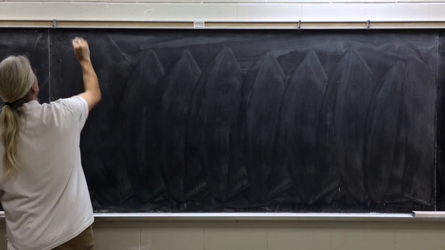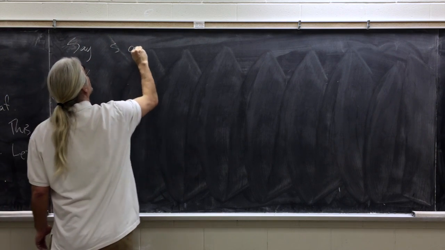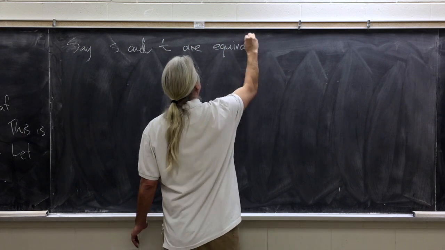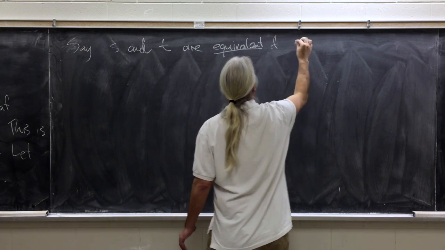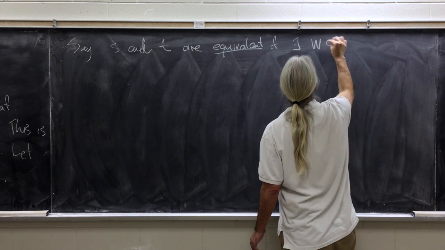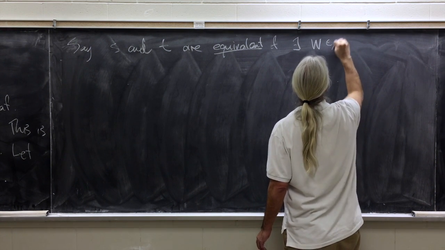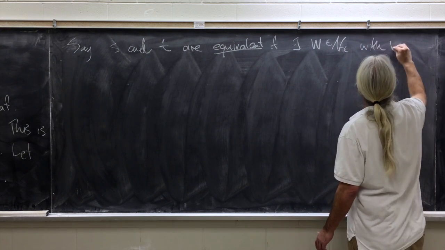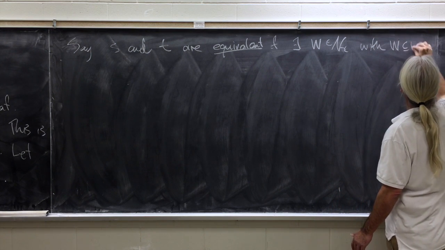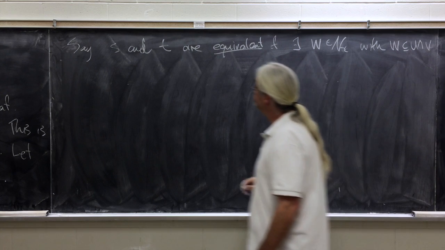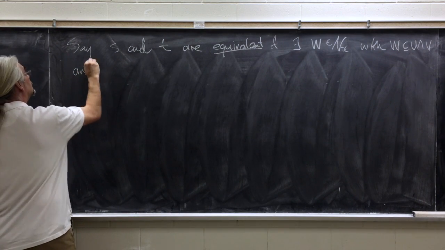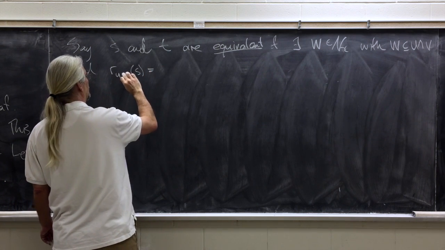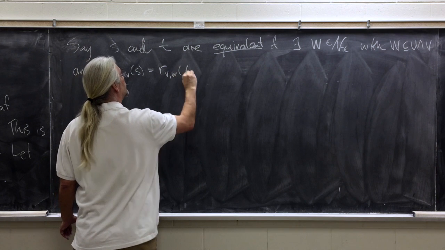So we'll say S and T are equivalent if there exists some W, which is a neighborhood of X, with W contained in both U and V, and r_UW(S) is r_VW(T).